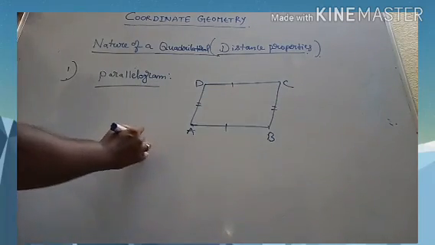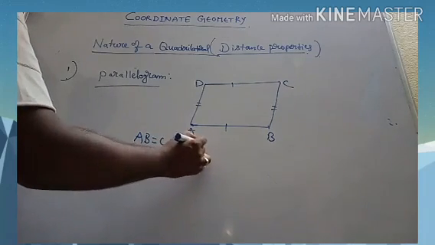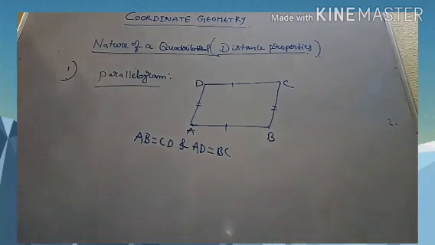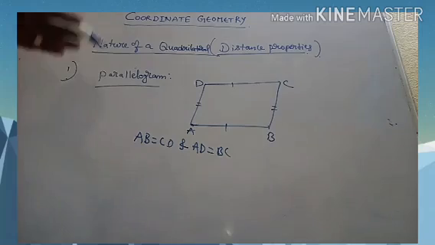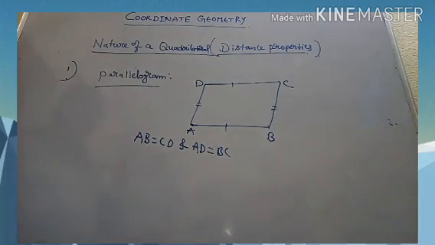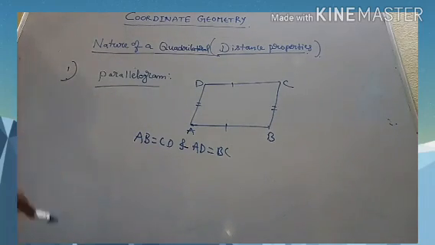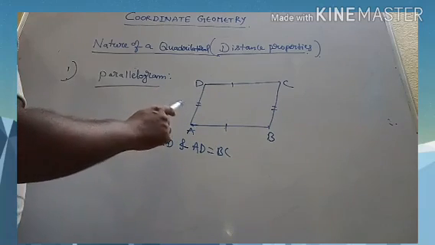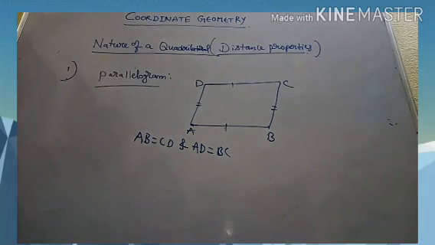If you just prove that AB equal to CD and AD equal to BC, then it is enough that it is nothing but a parallelogram. There are many other properties to prove a parallelogram, but only using the distance property we can say that if opposite sides are equal, then it is a parallelogram. That means here you require to prove AB equal to CD and AD equal to BC. In this way you will be proving this as a parallelogram.